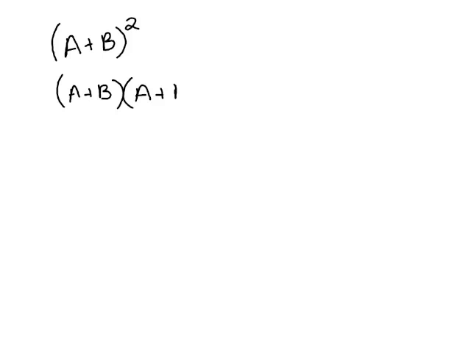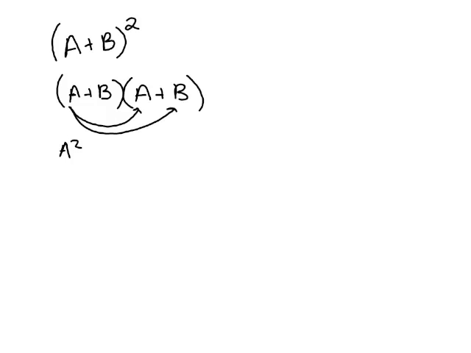Binomial squares. Down on the bottom of page 94, they have it written out like this: a plus b squared. How would I write that out using two sets of brackets? A plus b times a plus b. Then FOIL it with me. A times a, a squared.